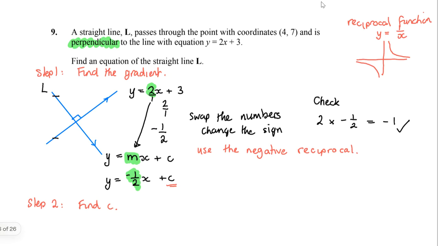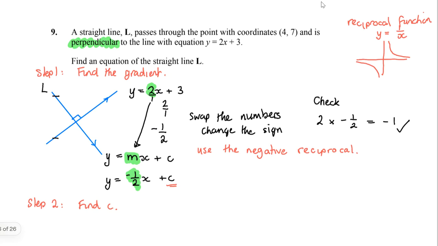4, 7. Okay, so is 4, 7 on the y-axis? It's not. If it was 0, 7, that would be on the y-axis, yeah?